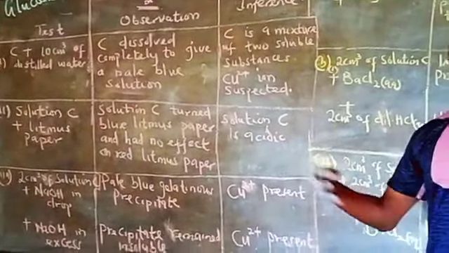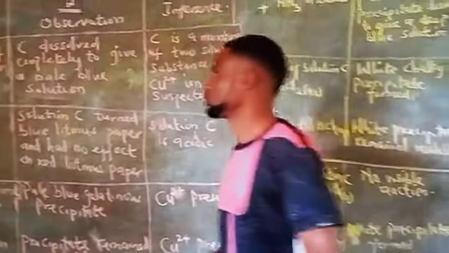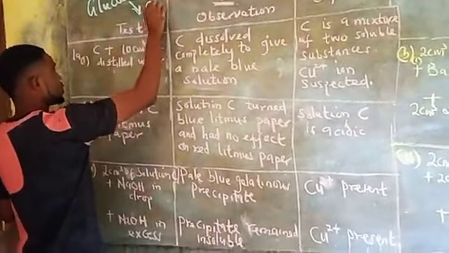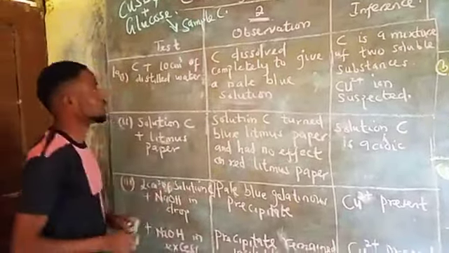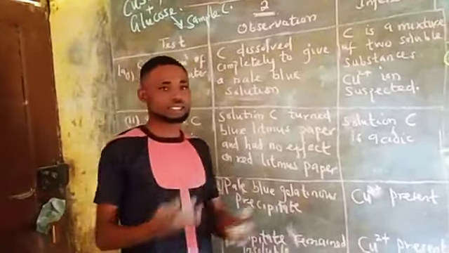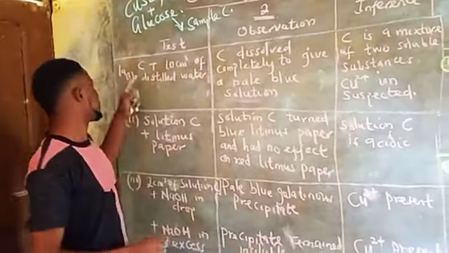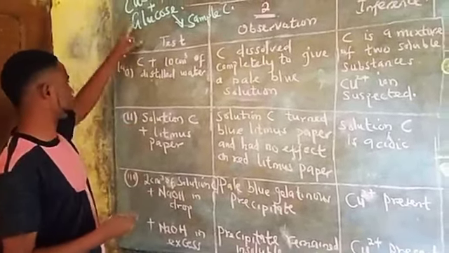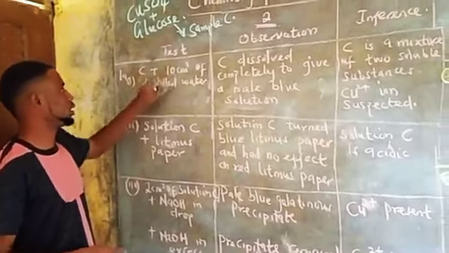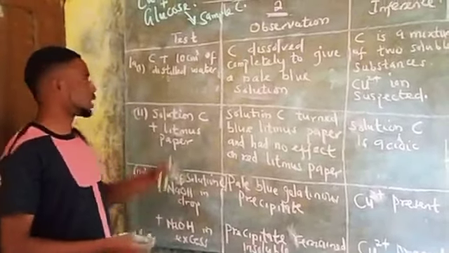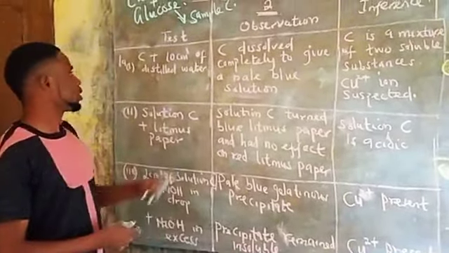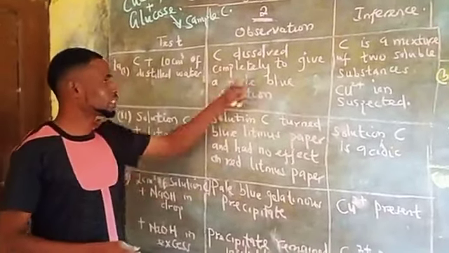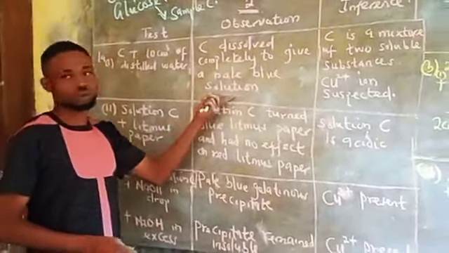So we are going to mix these two together and call it sample C. That is copper sulfate plus glucose, known as sample C. Now I'm going to run a simple analysis on sample C. Put sample C plus 10 cm cube of distilled water. Add water to it.